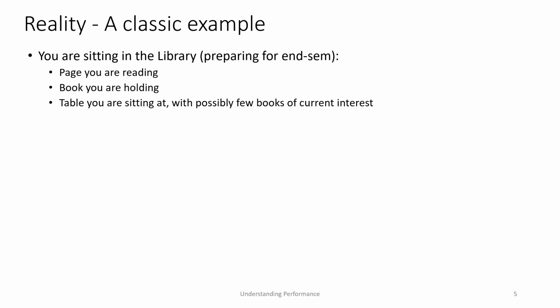Maybe you will have a few books related to that topic on your table, but there will be a huge number of book racks with a lot of books in the library. So at any given moment, we are processing only one page at a time, right? And we are holding a few pages or a book with us.